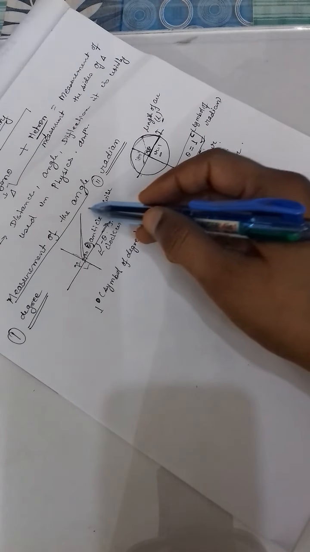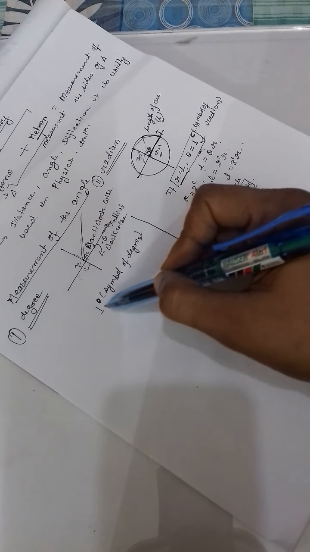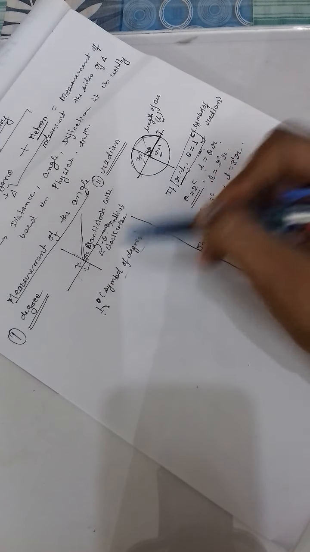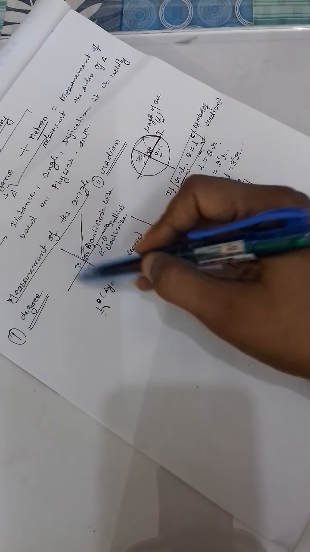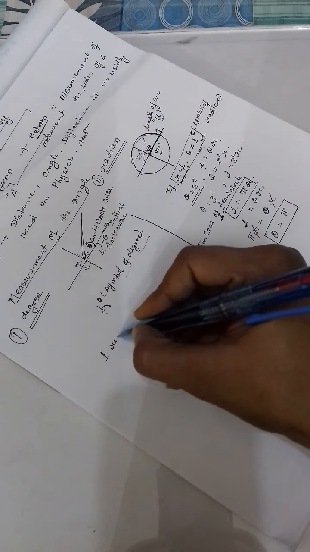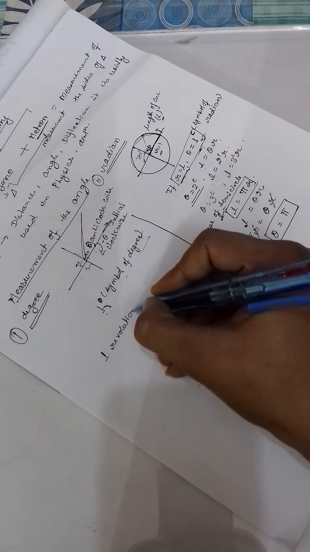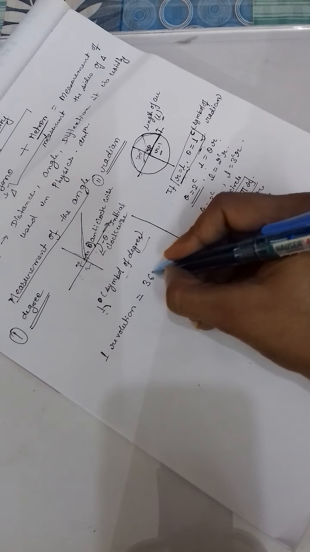Now comes this degree. The small circle is the symbol of degree. Now when we take a full revolution, what do we get? One revolution is equal to 360 degree.